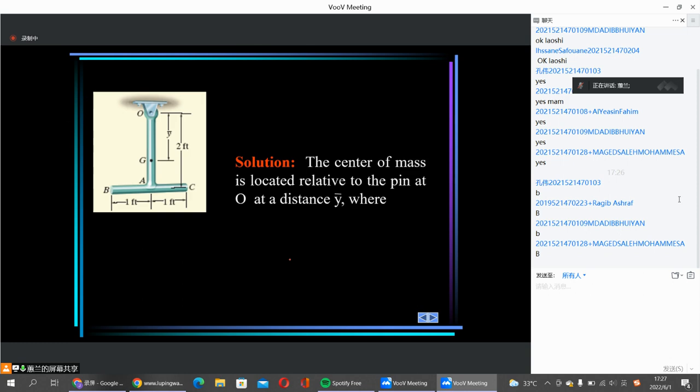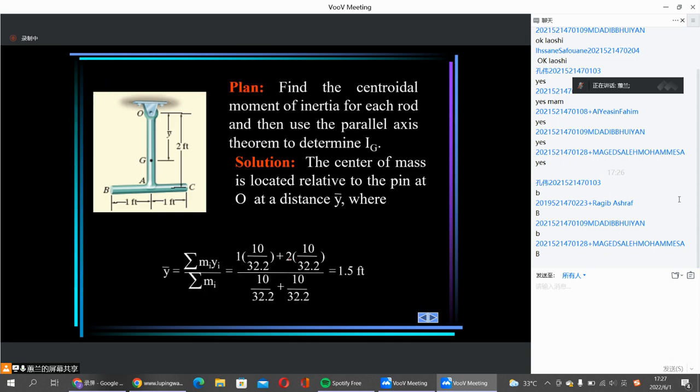Just like here, this is y and this is x, and then the mass center is equal to sigma m_i y_i divided by sigma m_i. Sigma m_i is the total mass of the assembly. m_i is the mass of each body. y_i is the mass center of each body, right?